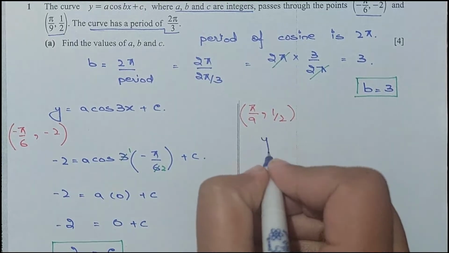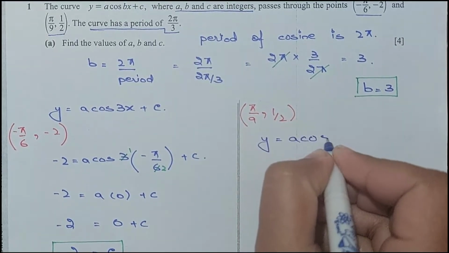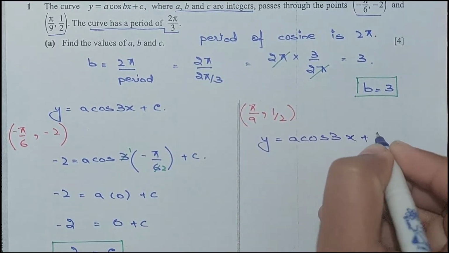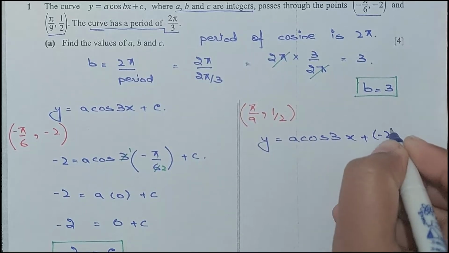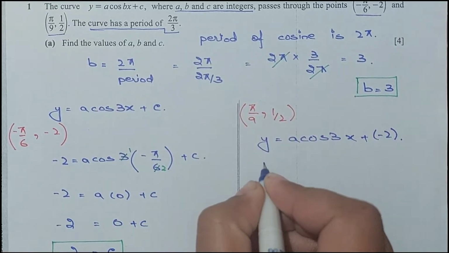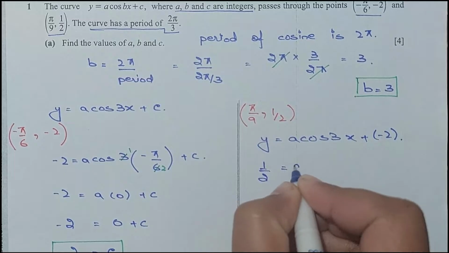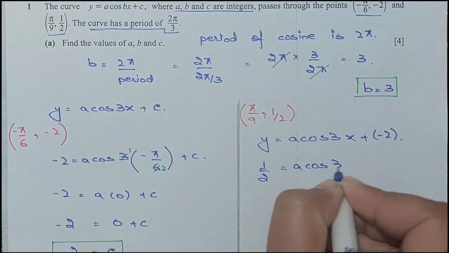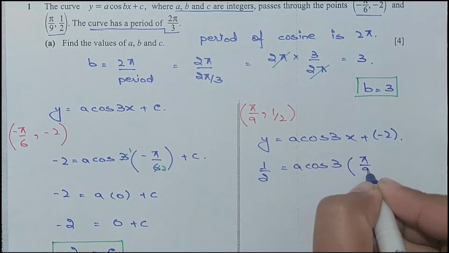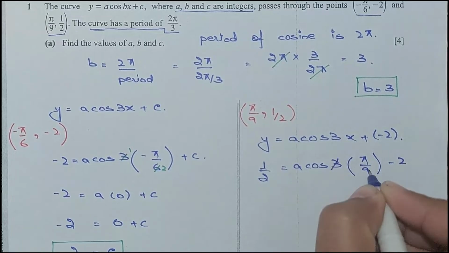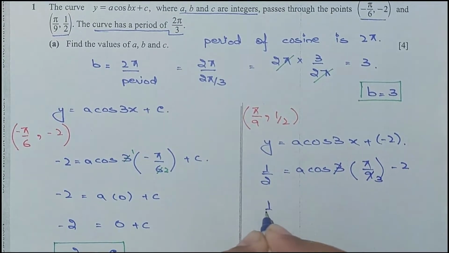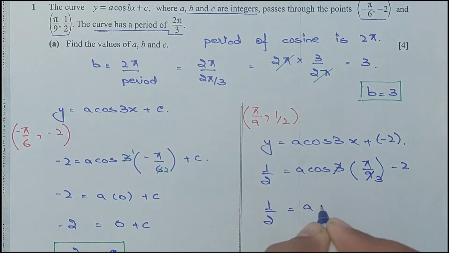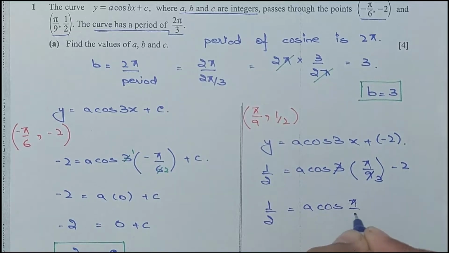So y equals a cos 3x plus c, where the c value is negative 2. So the y value is 1 by 2 equals a cos 3 times the x value pi by 9, minus 2. 3 times 9 cancels, so this is 1 by 2 equals a cos pi by 3 minus 2.